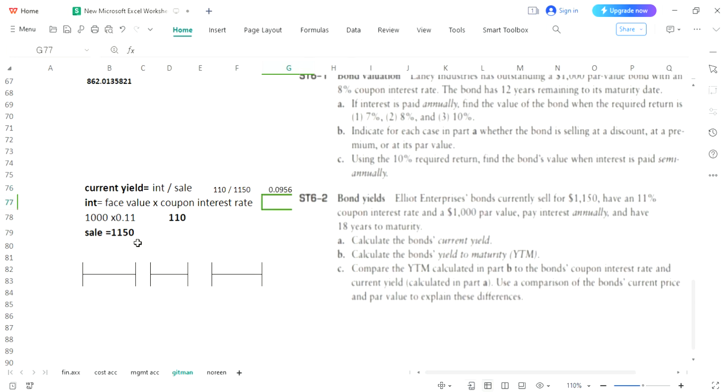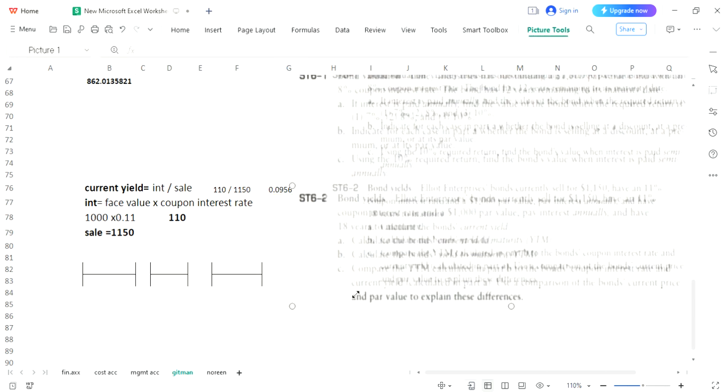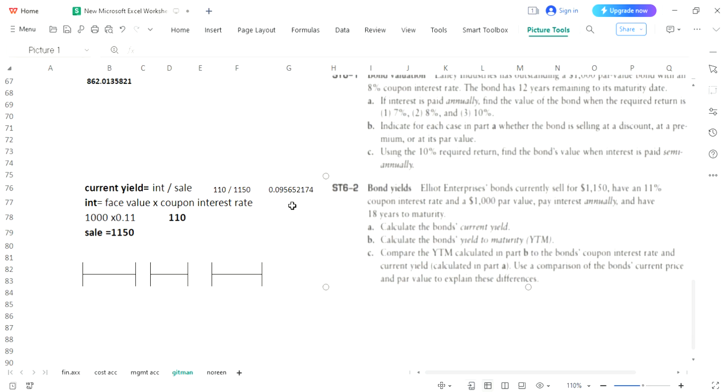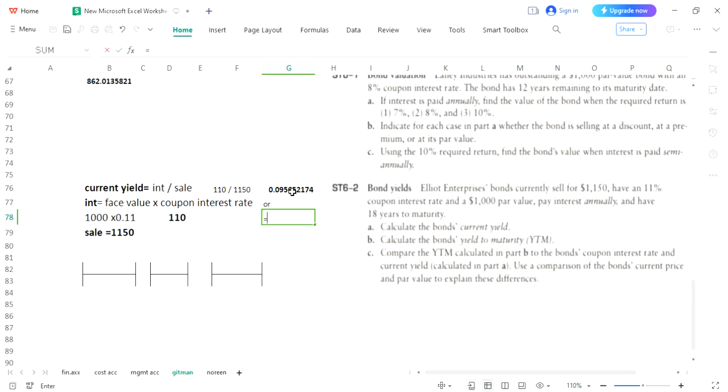So it is 0.0956 which you have calculated. Let's take this question little smaller so that you can see the answer. This is your current yield, or you can write it in percentage way. For percentage, as you know, we will take the answer and will multiply it by 100, with which you will calculate answer in your percentage.